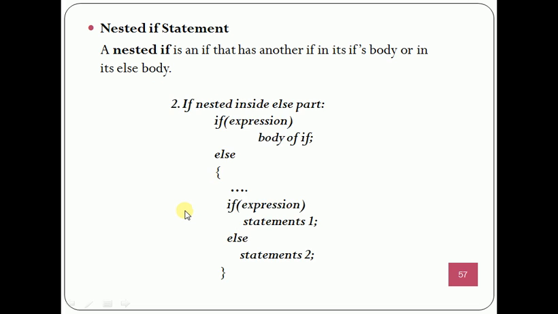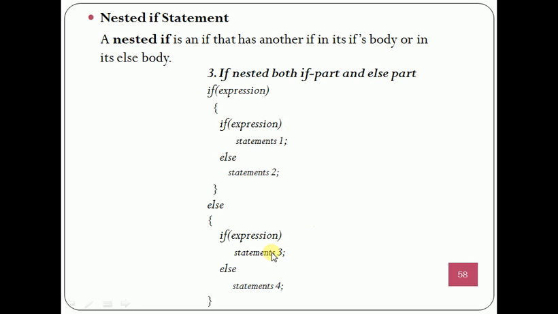Let's see another form. Here in this nested if else, this is the outer if else. To the else part, that means the false part, we are adding another if else. Let's see another form.